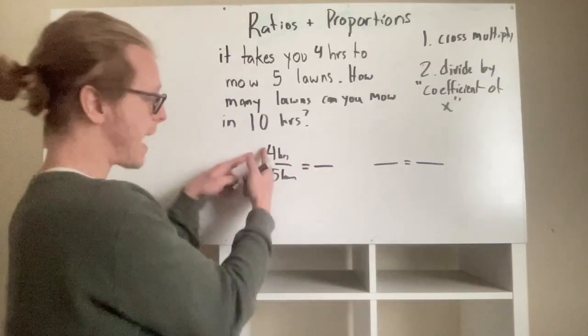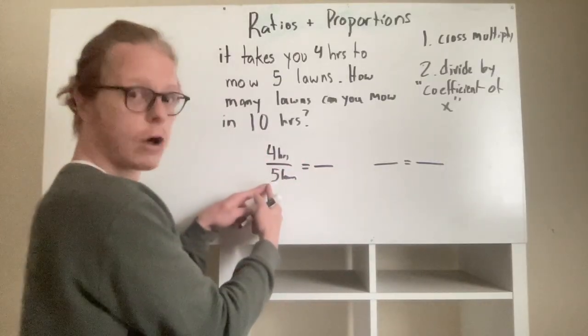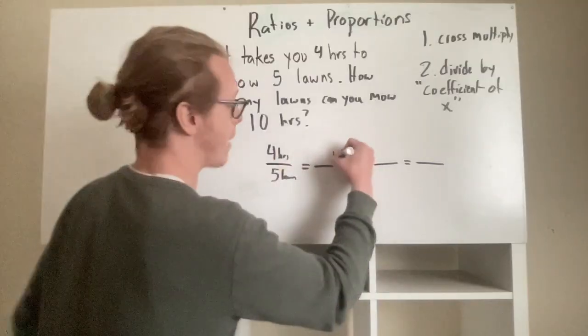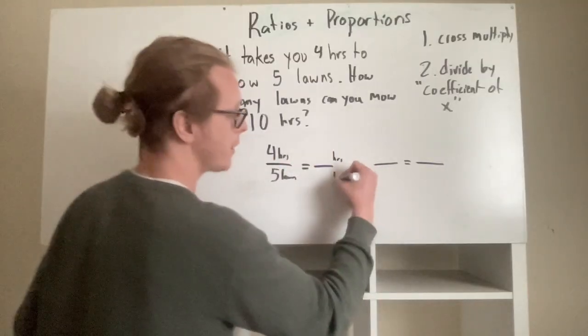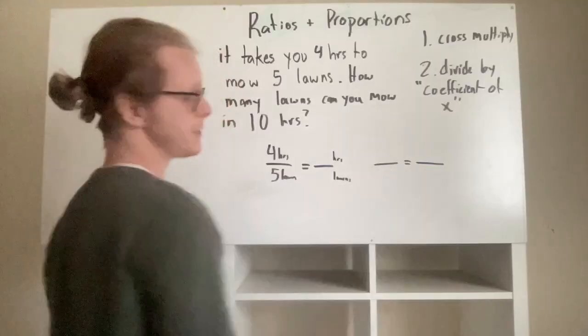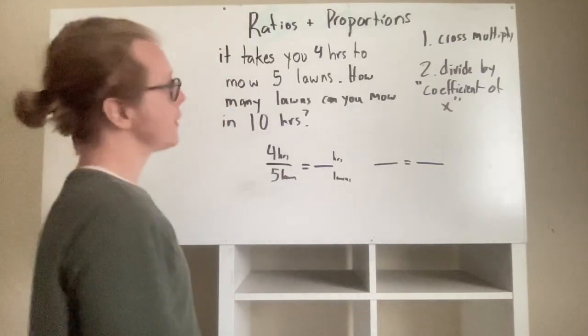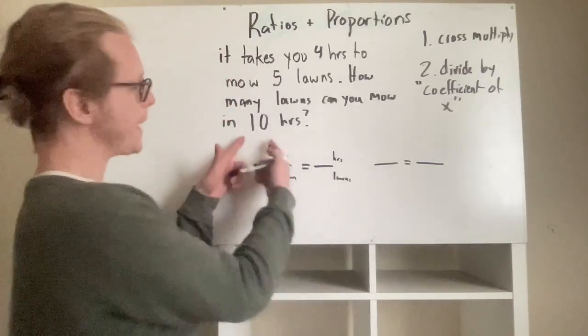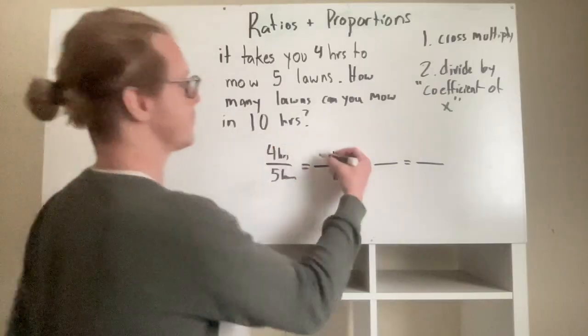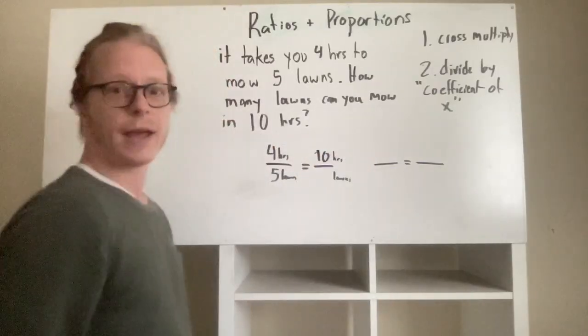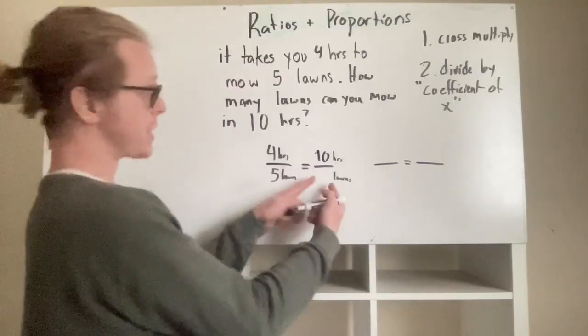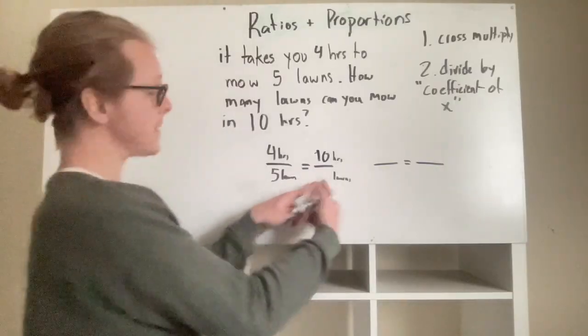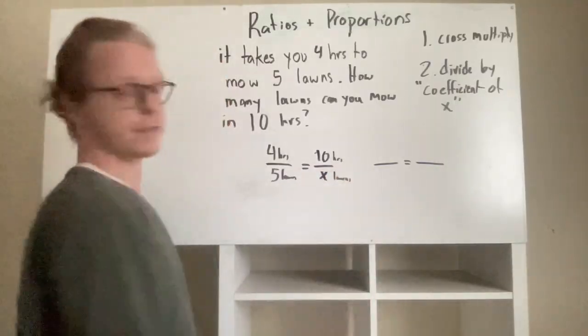What we've set up here is hours over lawns. So over here, the hours needs to go in the numerator, and the lawns needs to go in the denominator. Which of these two do I know? I know hours, 10. So 10 goes here, and the value which I don't know, how many lawns can I mow in those 10 hours, I'll put X.